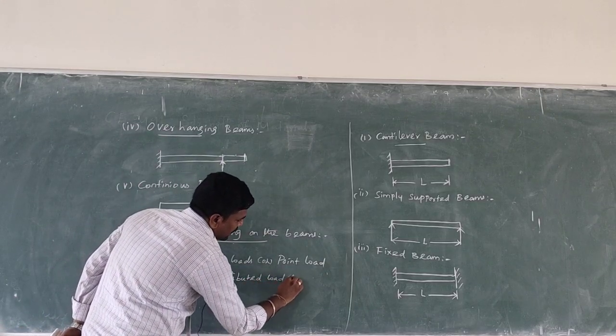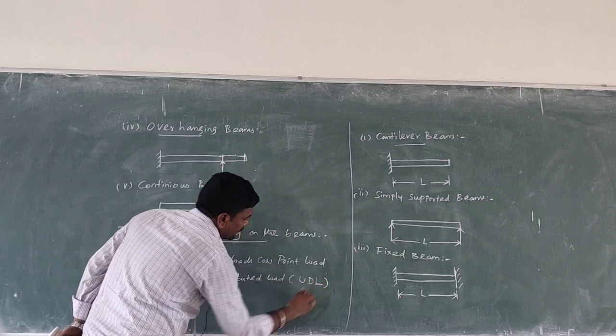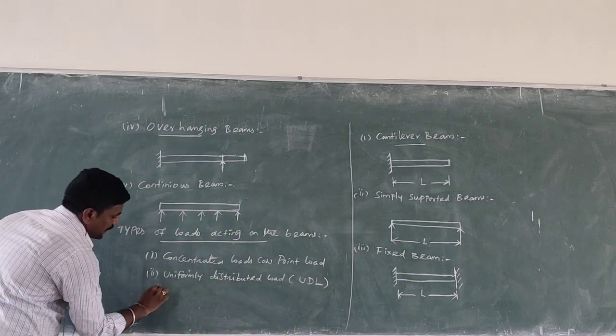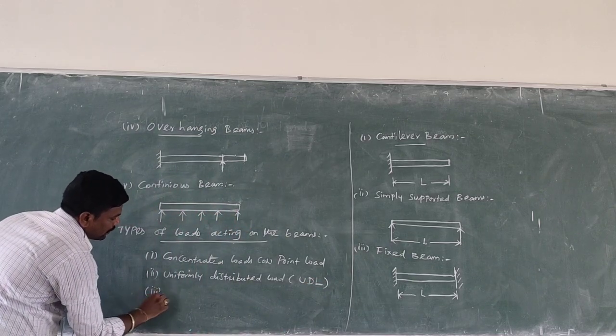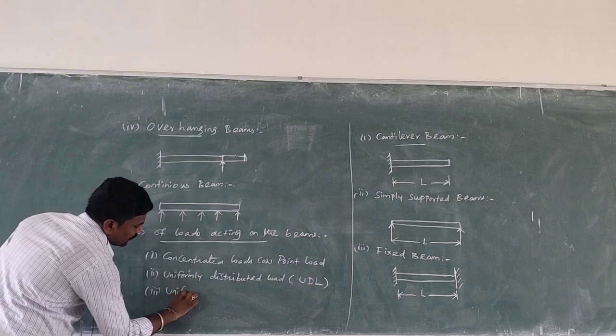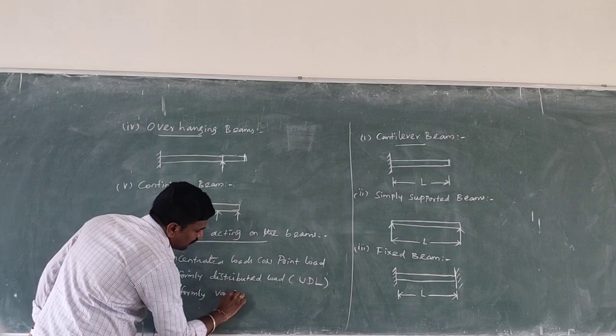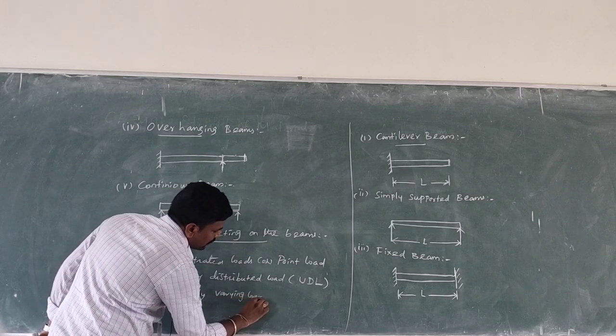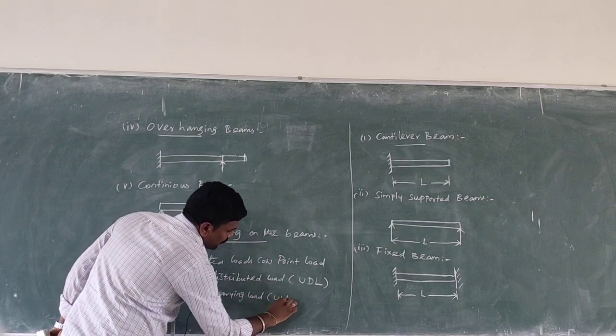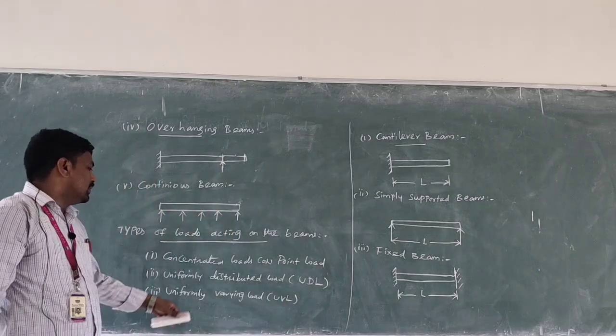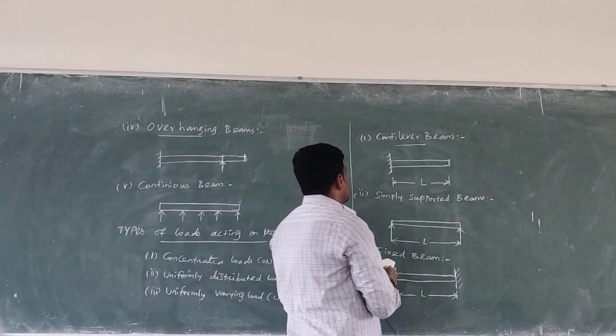It is simply called UDL, uniformly distributed load. And third one, uniformly varying load, simply called UVL. So we will discuss them one by one.